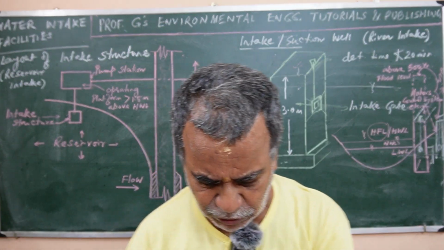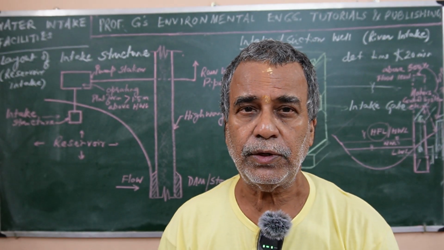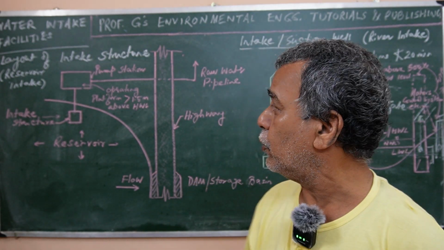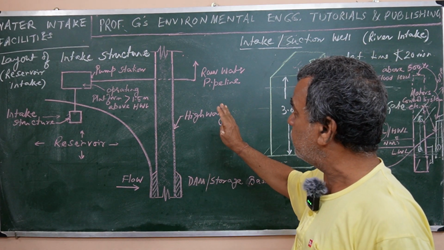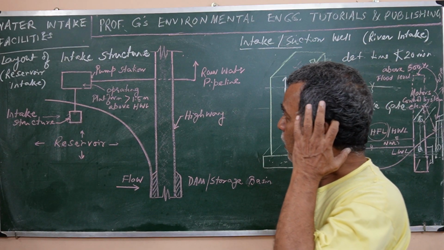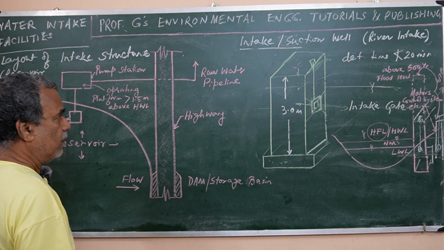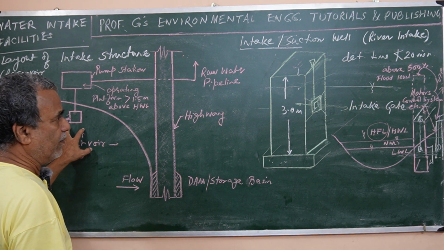Now next we will see the intake conduit. Next component would be the intake conduit. I think this is more or less clear to you, so I am going to erase this. Before that, I am trying to explain how it works.